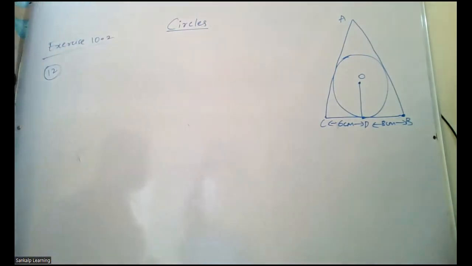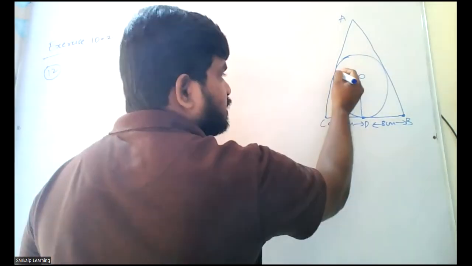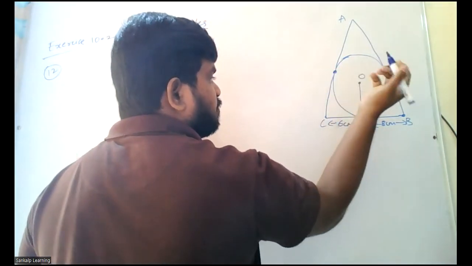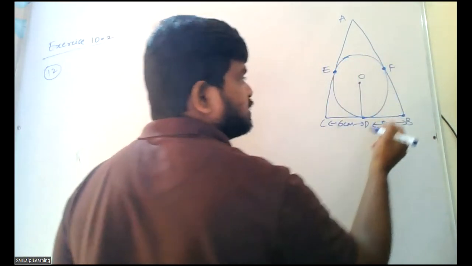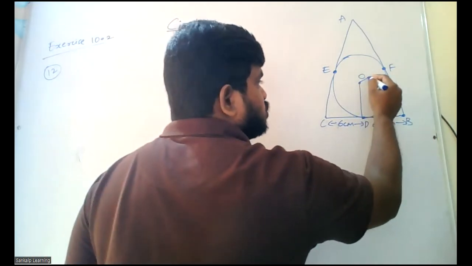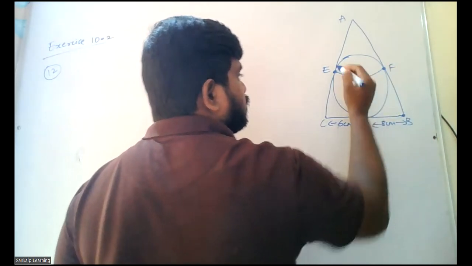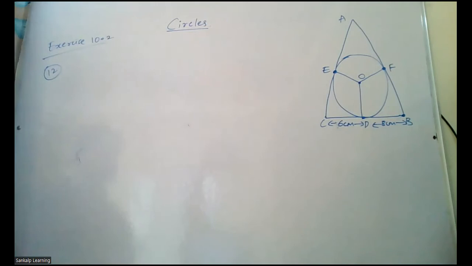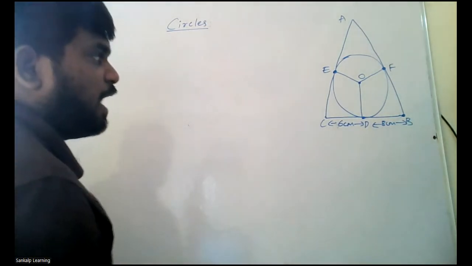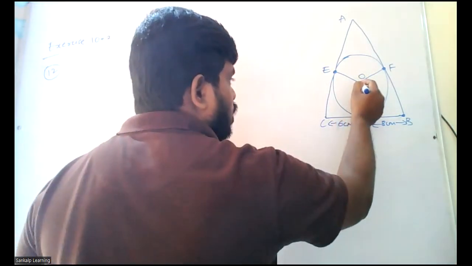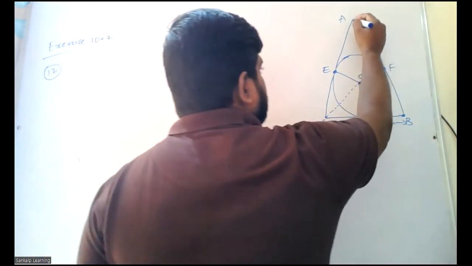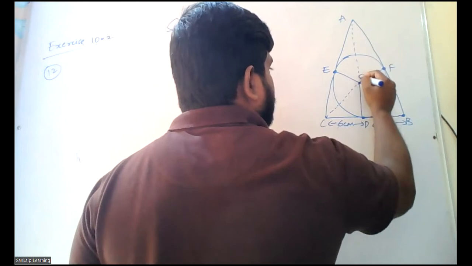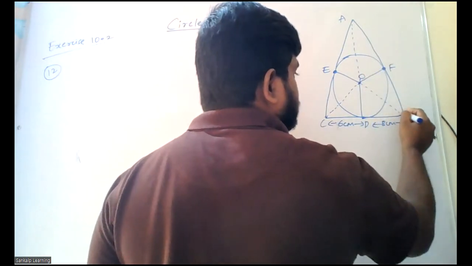Now, let's take these points of contact as some names. Let's take it as E and let's take it as F and let's join it. Okay. That is the construction. Along with that, let's also join C, A and B with dotted lines.